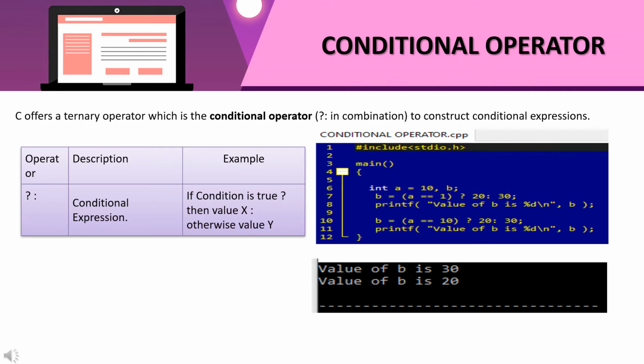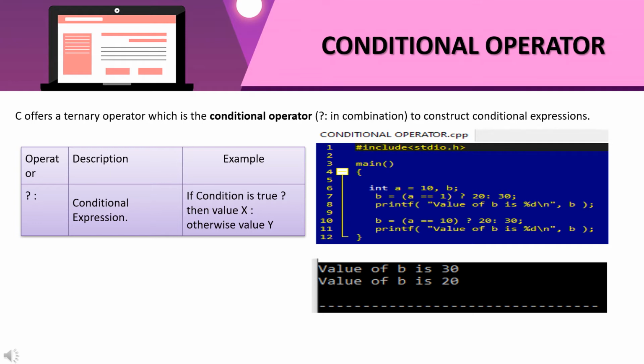So in this C program, I have taken an integer variable a equal to 10 and another variable b. And in this logic, b equal to, in the braces, a equal to 1, then question mark 20 colon 30. So this conditional operator says that if a equal to 1, then the value will be 20, else the value will be 30.